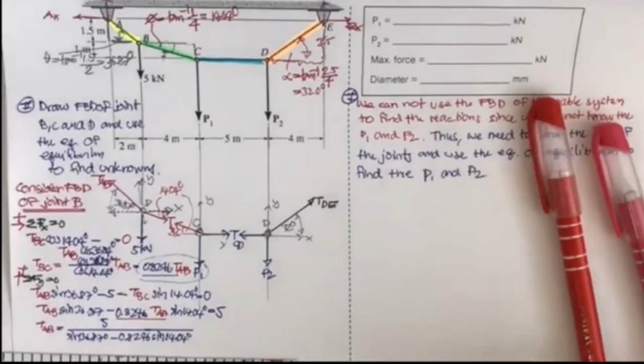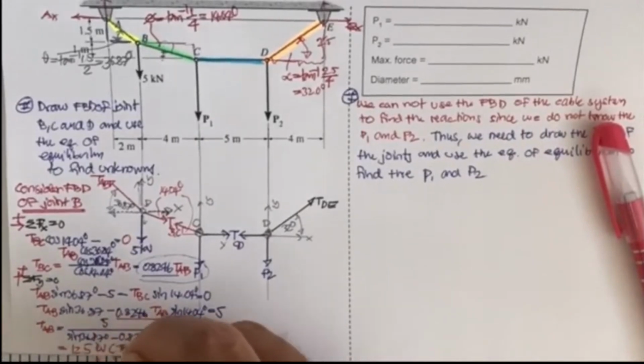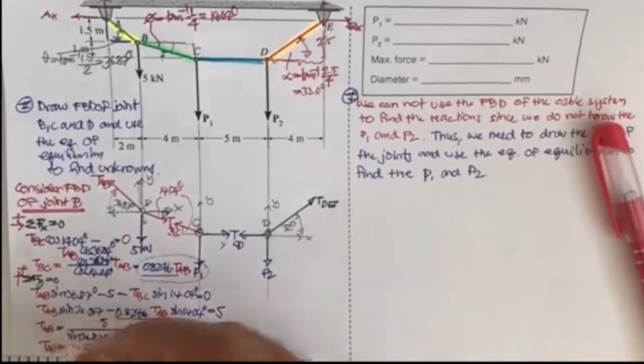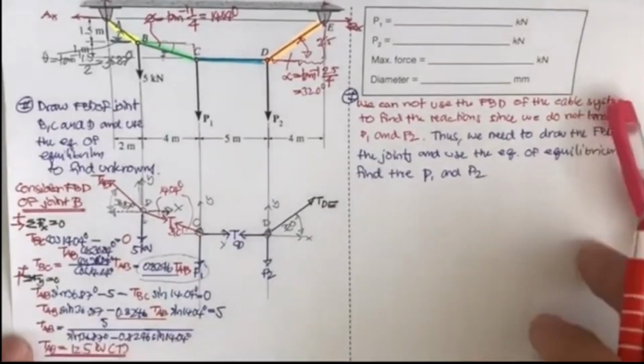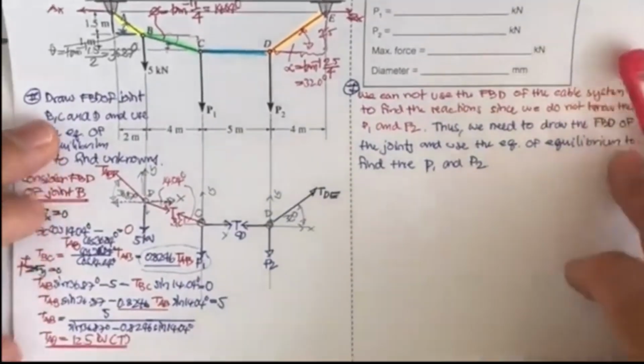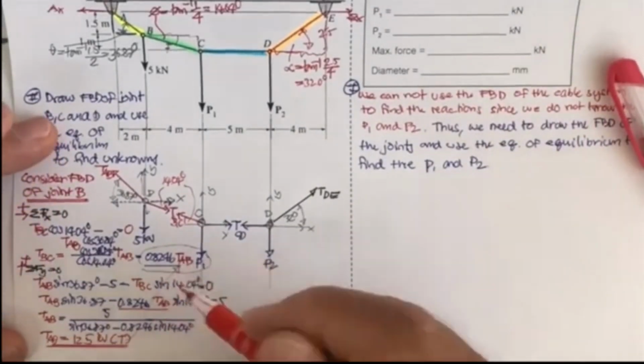This is going to be 12.5 kilonewton, the tension. So the first result of T sub AB is here. And now, you know T sub BC, right? You just put this one back into this.